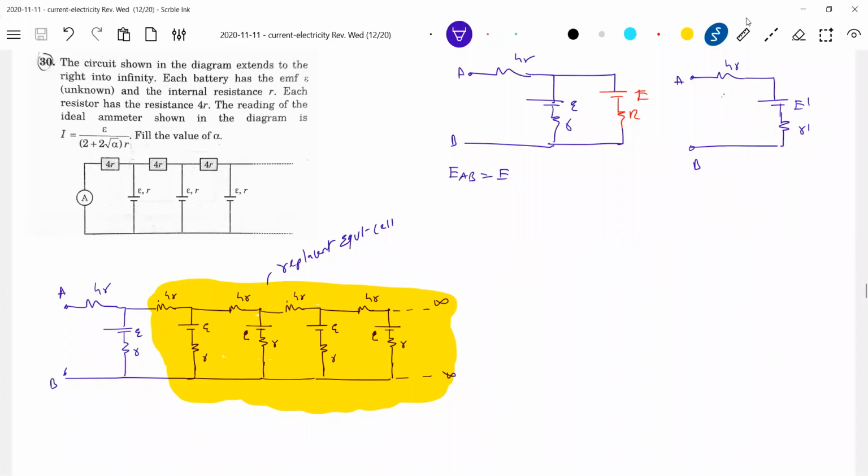Anybody? You have to put in effort here. I don't know the value of E dash. Shall we write that equal to EAB only?